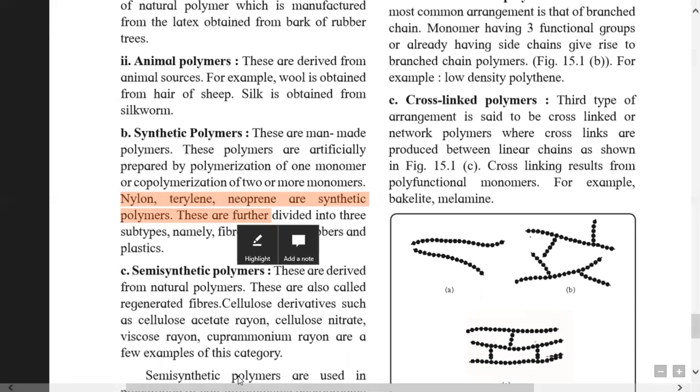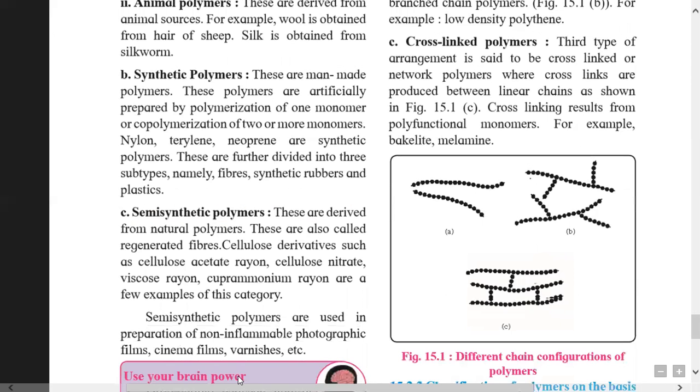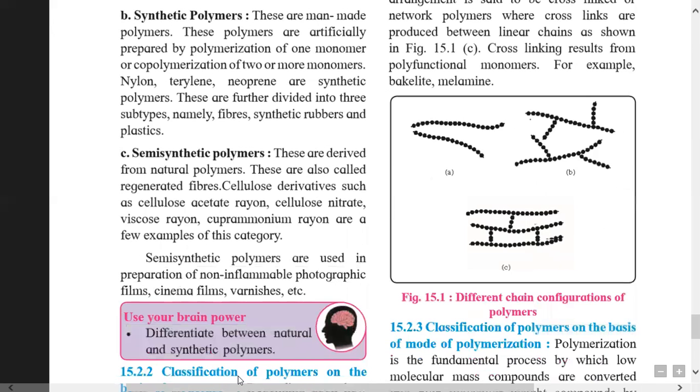These are the examples of synthetic polymers. These are further divided into namely fibers, synthetic rubbers, and plastic that we will study in the next part of this chapter.